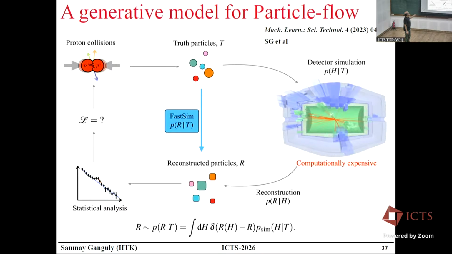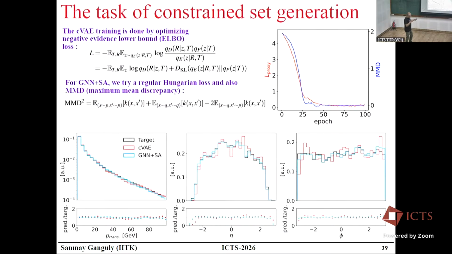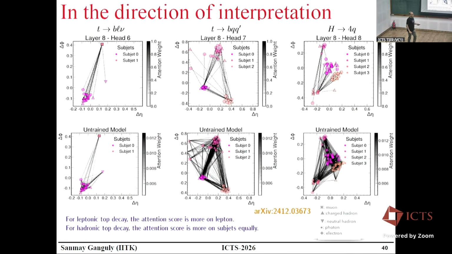If you give me truth particles, I want to bypass the step of generating showers and then applying a computationally expensive reconstruction algorithm. I really want to generate fast particle flow candidates. That was also being attempted, and these are all inputs to jets.